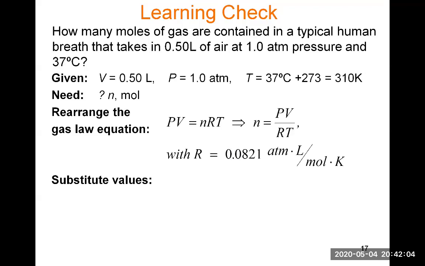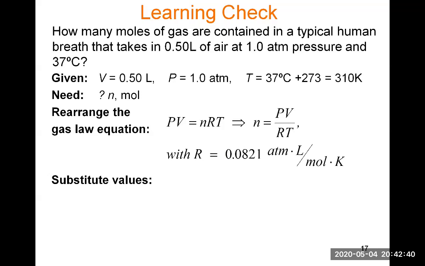If you divide both sides of the ideal gas law with RT, you get n by itself on the right, and it's going to be equal to P times V over RT. And we will use the R value that is 0.0821 atmosphere times liter per mole per Kelvin, because we have a pressure in atmosphere. So we need to adapt the R value to the pressure of atmosphere.